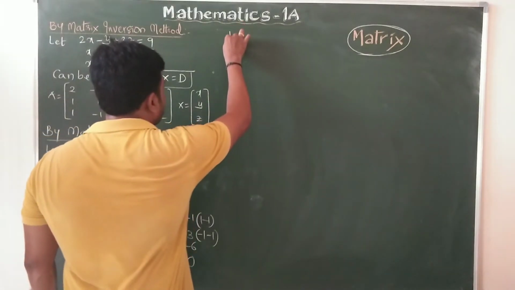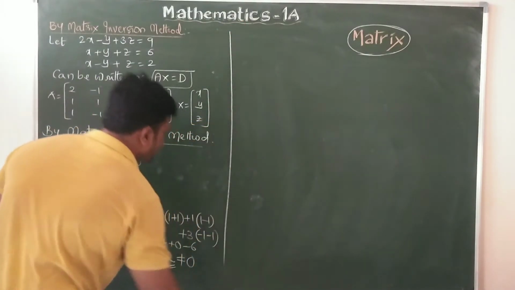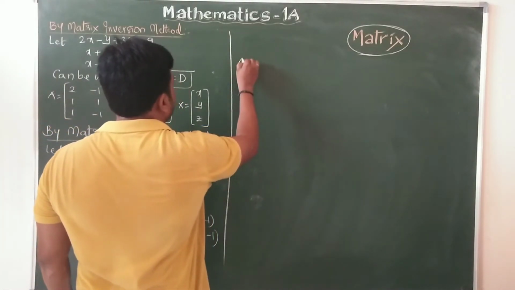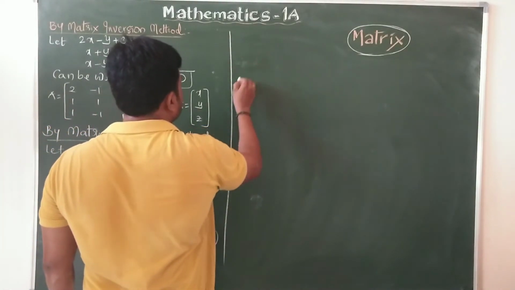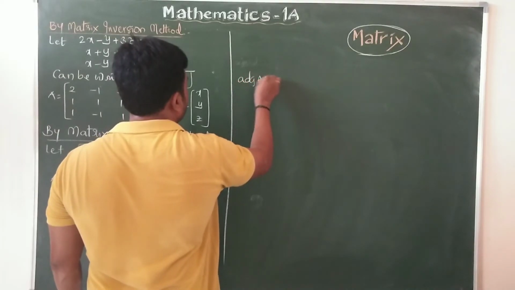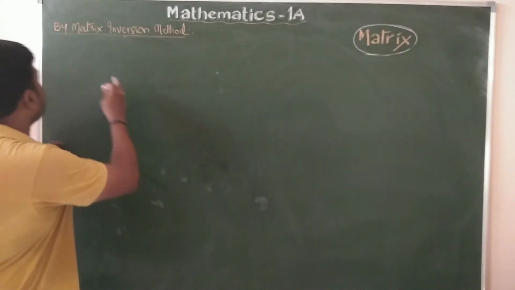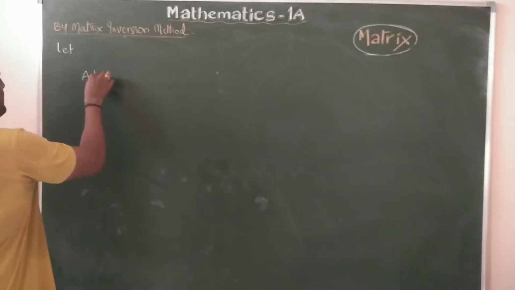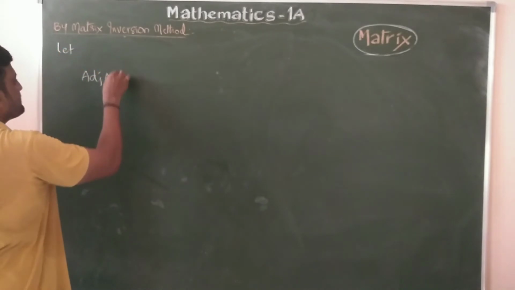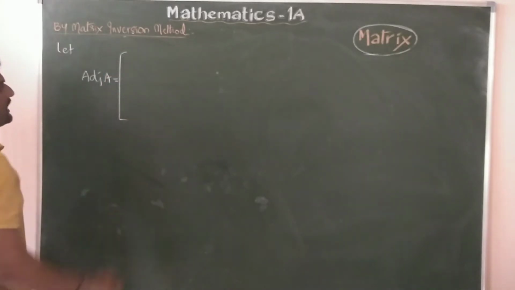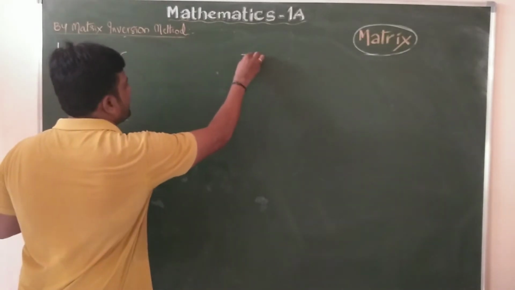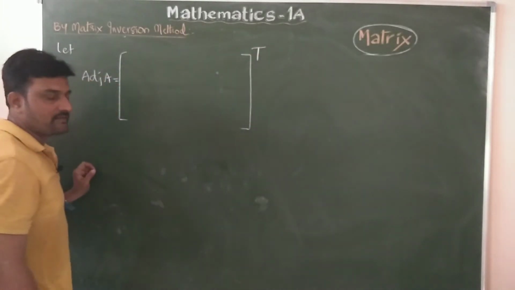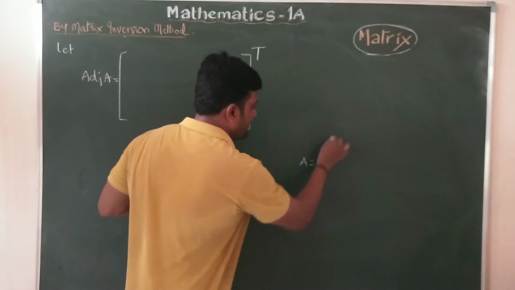Now we can find adjoint A. Adjoint A is nothing but the transpose of the cofactor matrix of the matrix A. A equals what actually?